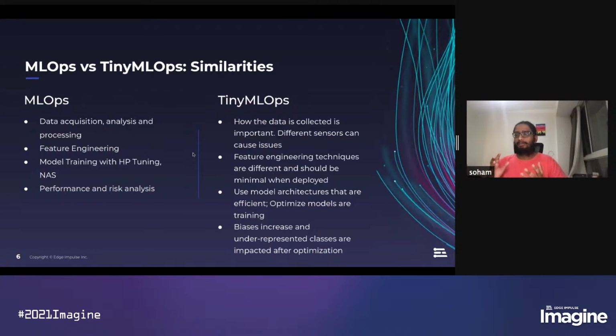So moving ahead, I want to talk a bit about what the similarities are between these two fields, and then we can talk about where they differ. In both of these cases, we have to acquire data, and then once we acquire it, we also have to analyze it and process it. In the case of tiny MLOps, how the data is collected needs to be a bit different from standard MLOps.